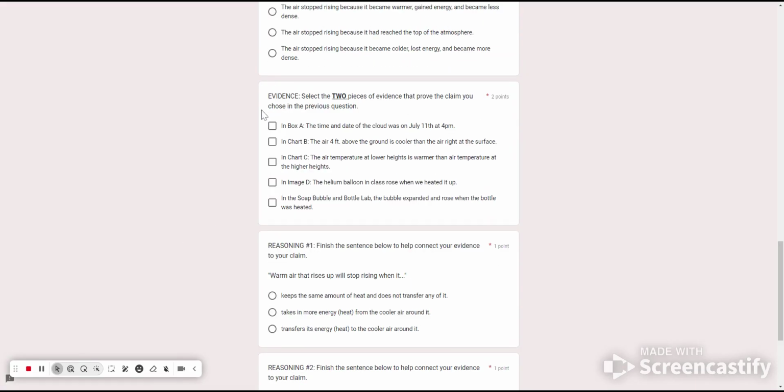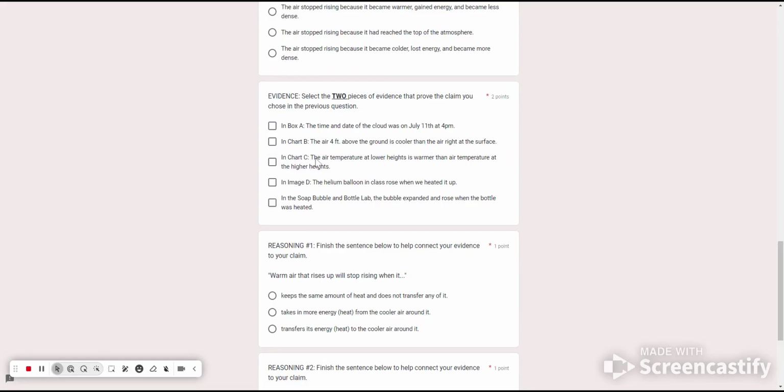All right, next part here, evidence. You're going to select 2, look at 2 is kept bolded, pieces of evidence that prove the claim you chose in the previous question. Is it in box A, the time and date of the cloud was on July 11th at 4 p.m. B, in chart B, the air 4 feet above the ground is cooler than the air right at the surface.